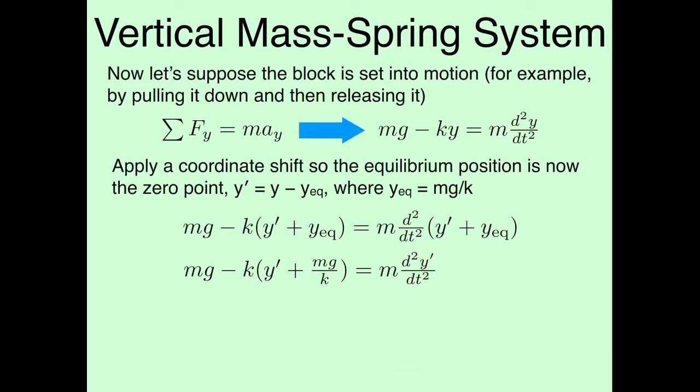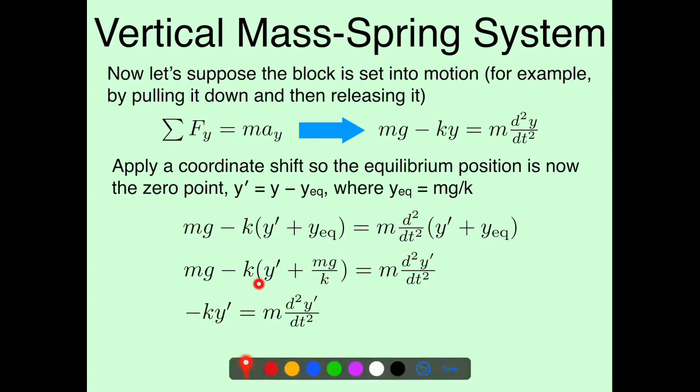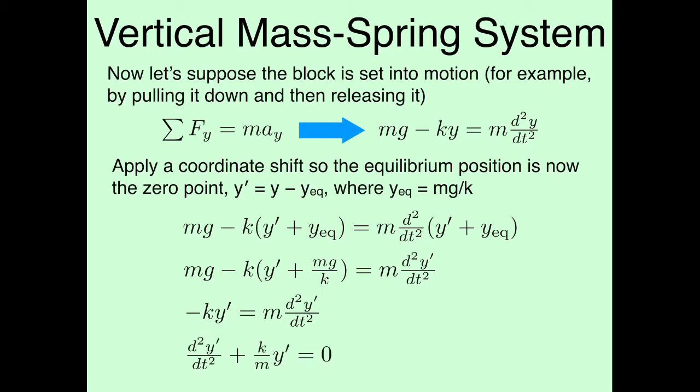Also notice something that's happening on the left side here. I have positive mg, and then if I distribute minus k into here, I'm going to have minus mg. So in other words, this term and this term will cancel, simply leaving me with minus k times y prime over here is equal to m times the second derivative of y prime with respect to time over here.